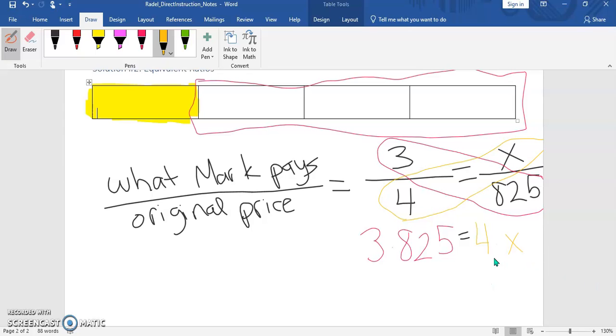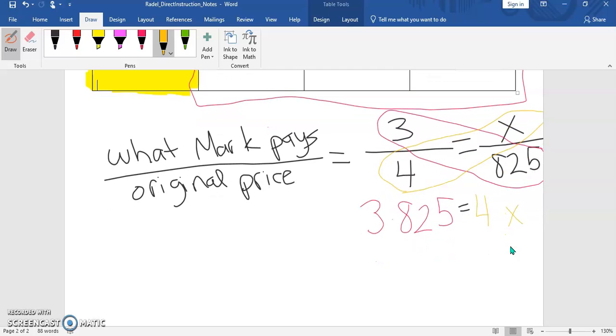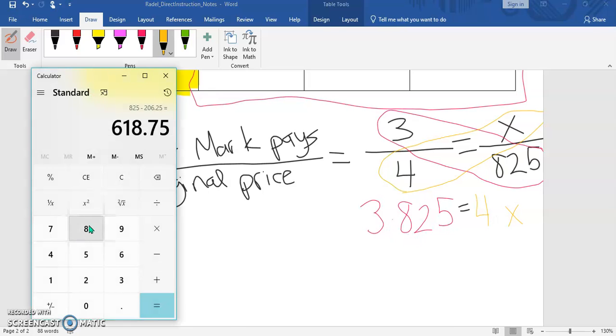And now I want to figure out how much does Mark pay. Right now I know 4 times what Mark pays. So let's simplify this equation a little bit more. 3 times 825 is $2,475.